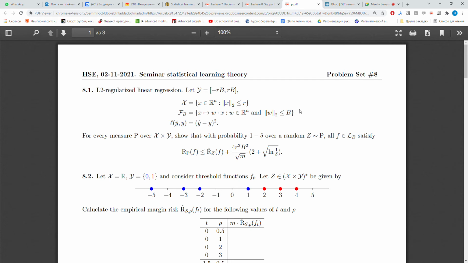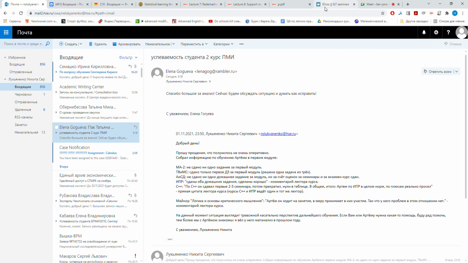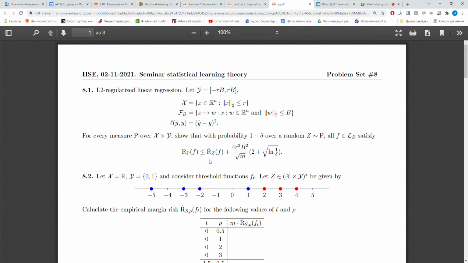We want to say that in the case of bounded x and bounded vectors w, and with this loss function, we can bound the risk of our function with the empirical risk, with this one term multiplied by 2 plus the square root of the logarithm.